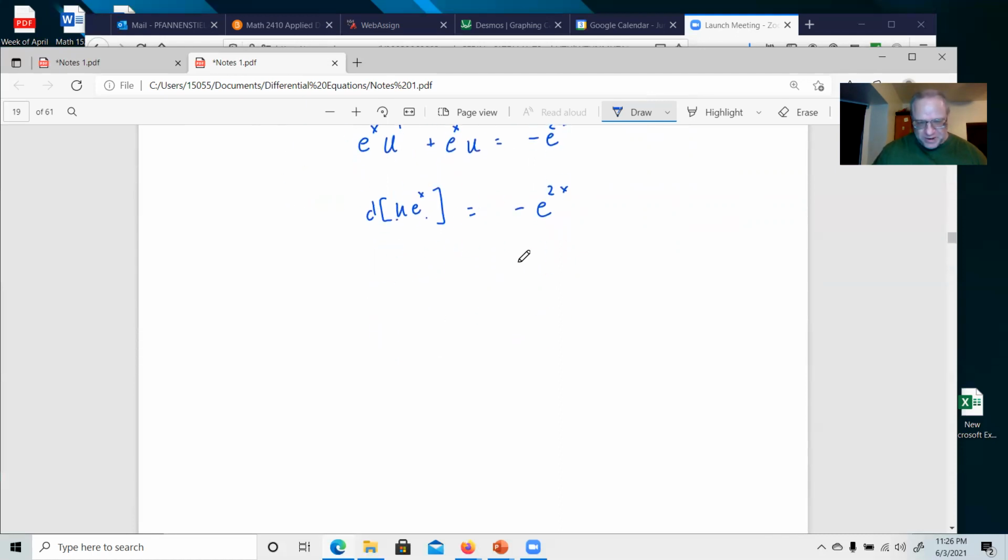Okay, let's go ahead and integrate. Integrating this guy here, so we end up with u e to the x is equal to negative 1/2 e to the 2x plus c.